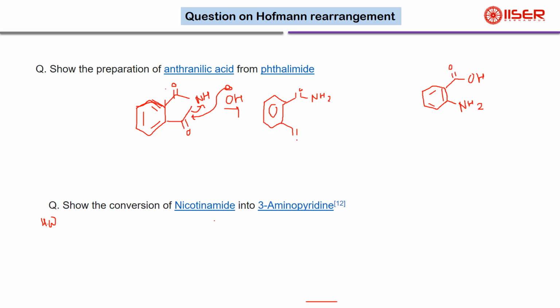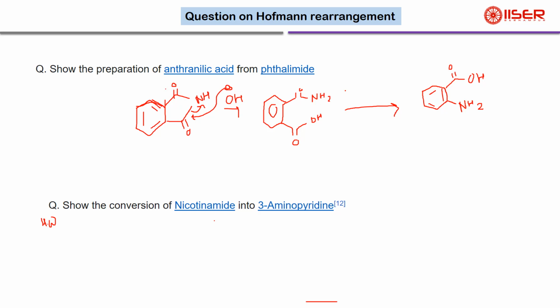The next step. Now what is the difference between these two? One has an amide but the other has an amine. So what is the procedure for making an amine from an amide? Obviously Hofmann degradation or Hofmann rearrangement, using water as a solvent. So how can I get this as a product?